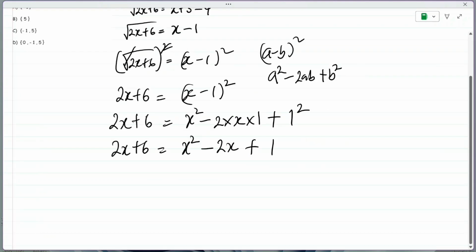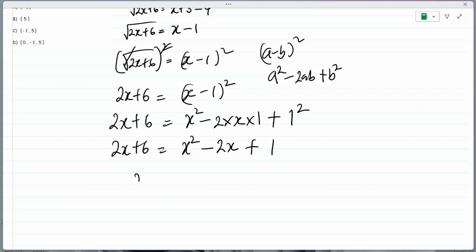At this point, you've gotten to where you have a quadratic equation, because one of your x's has a power of 2. And I don't like my x with the power of 2 having a negative, so I don't want to move it to the left hand side. I rather move everything to the right hand side, and it's still the same thing as having it on the left hand side.